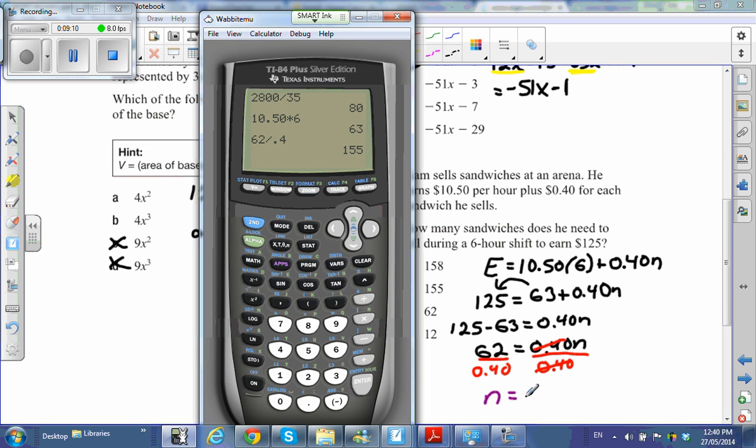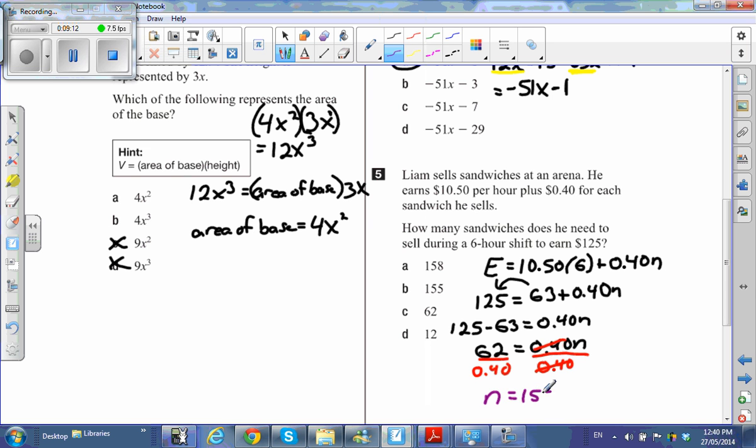And I get an answer of 155, hoping that 155 is one of the choices. So guys, if it wasn't, I would probably redo the whole question. If you get an answer like negative something, obviously you did something wrong. So maybe try a different approach.